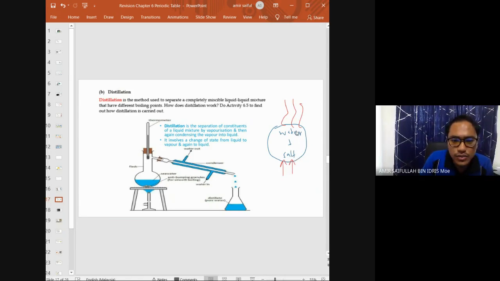The water will reach the boiling temperature earlier because water's boiling temperature is lower than salt's. So when water reaches boiling point, it will evaporate and leave the salt. So distillation is the method used to boil two substances that have different boiling points, so that you can obtain water only. When you boil it, I have the picture here.